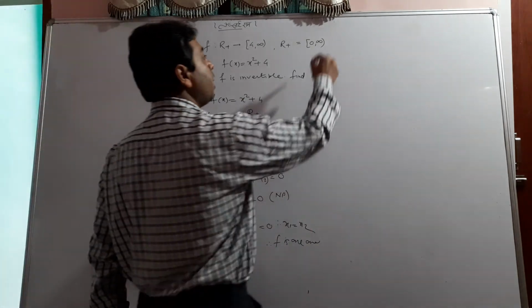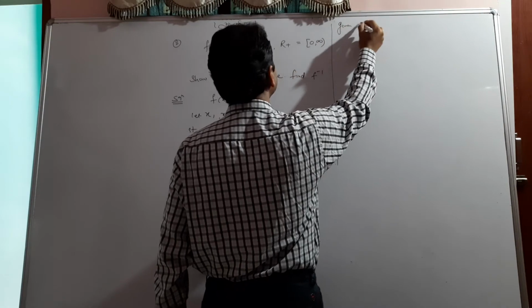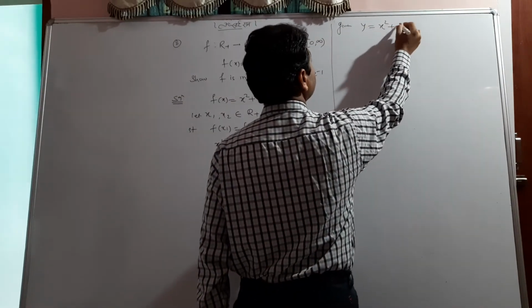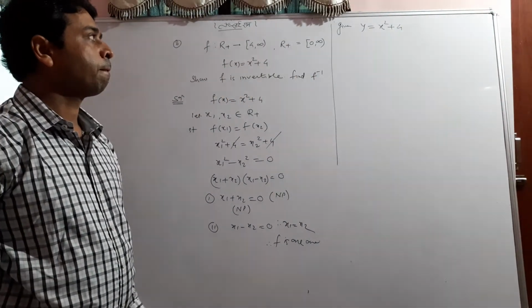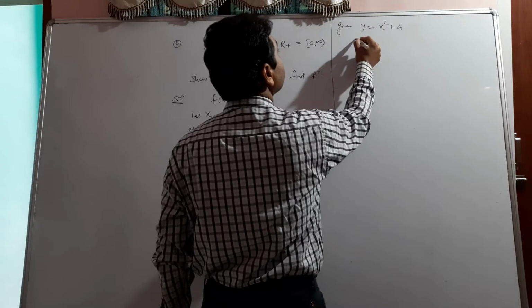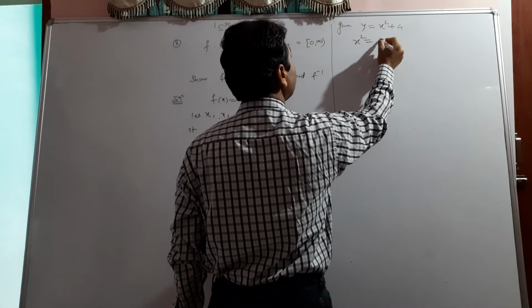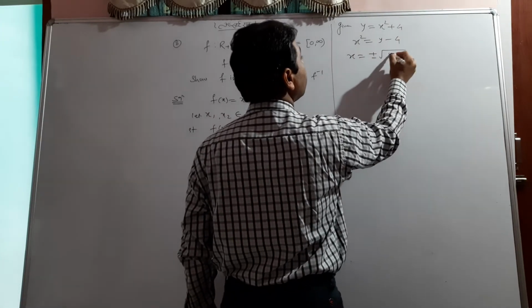Now I'll go with f is onto. Again, given the function y equals x square plus 4. So how to prove that the function is onto? Let me first find x square. X square equals y minus 4. X is equal to plus or minus square root of y minus 4.